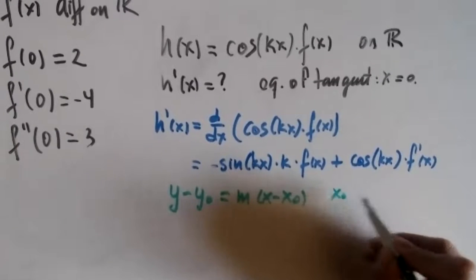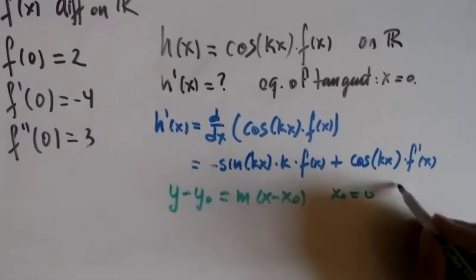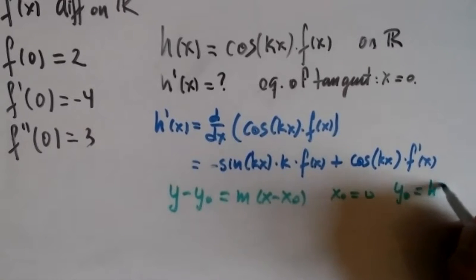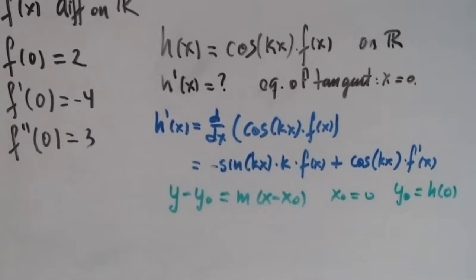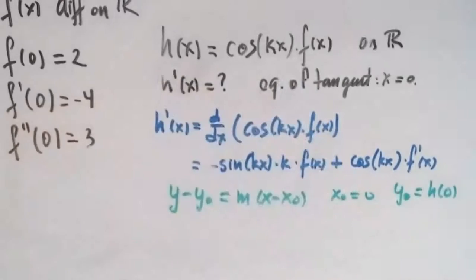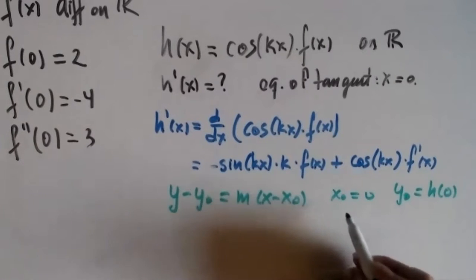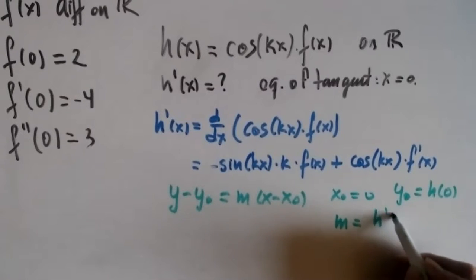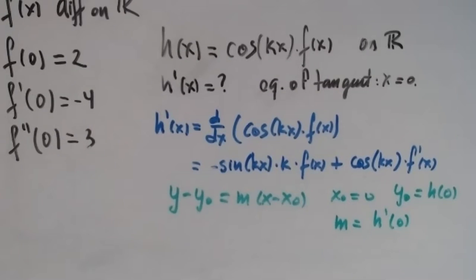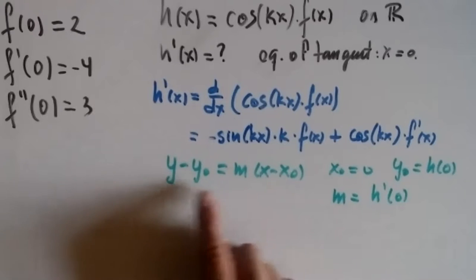So x0 is 0. Y0 is h of 0, correct? Because this is y equals a function of x, right? So it's h of 0, and the slope is h prime at 0, the slope of the tangent line at 0, correct?